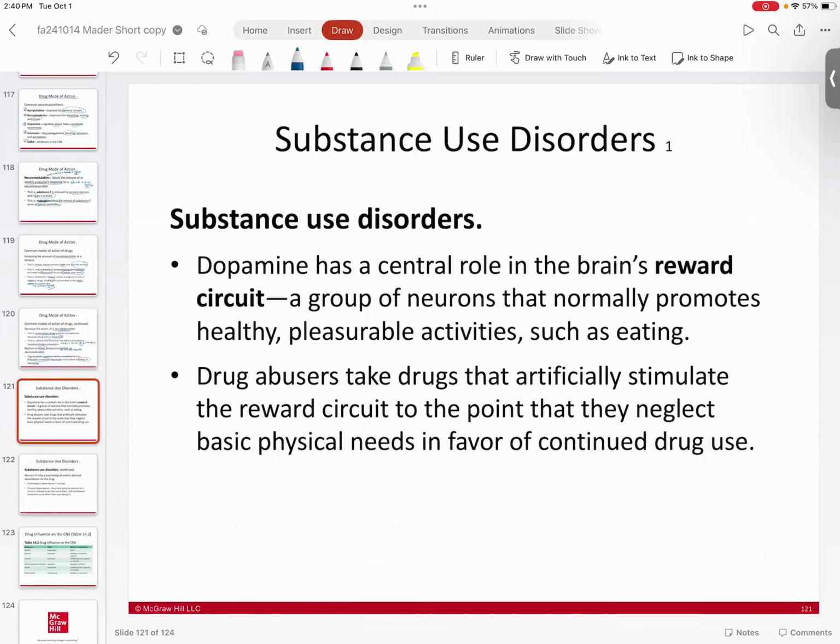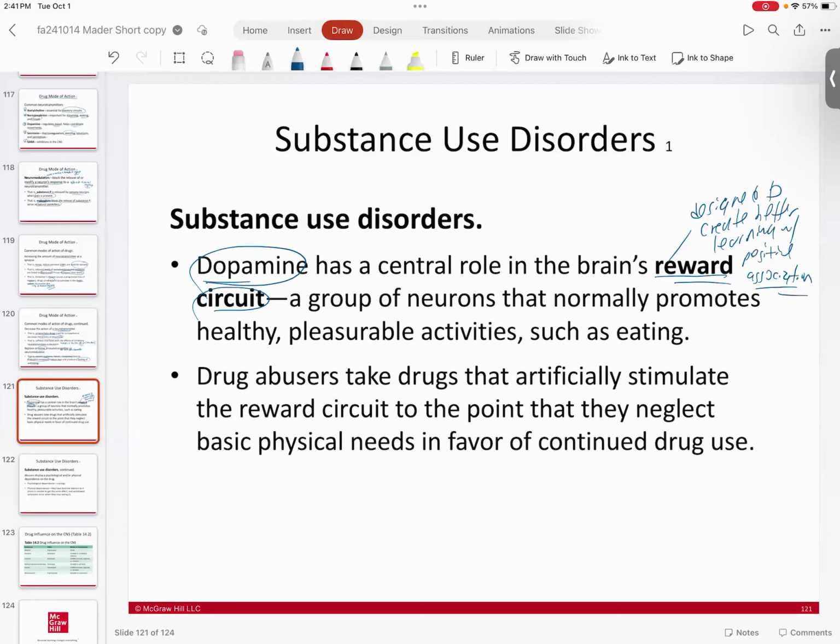So when you start to get to substance abuse and substance use, oftentimes, not all the time, but oftentimes, dopamine is kind of at the center of the brain's reward circuit, right? So the reward idea is designed to create better learning with positive association.